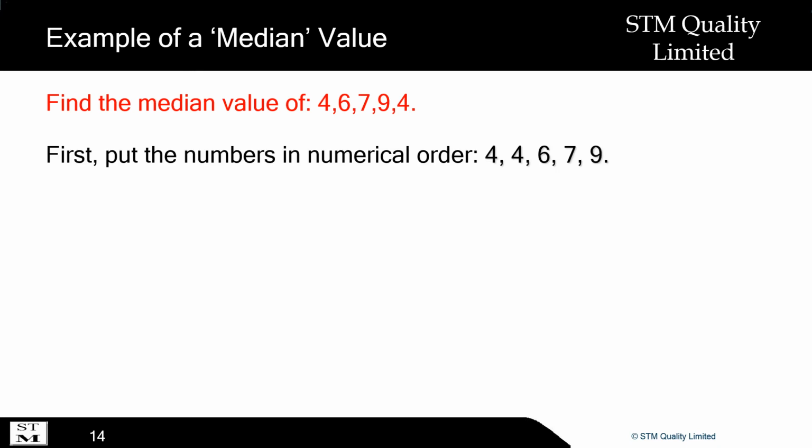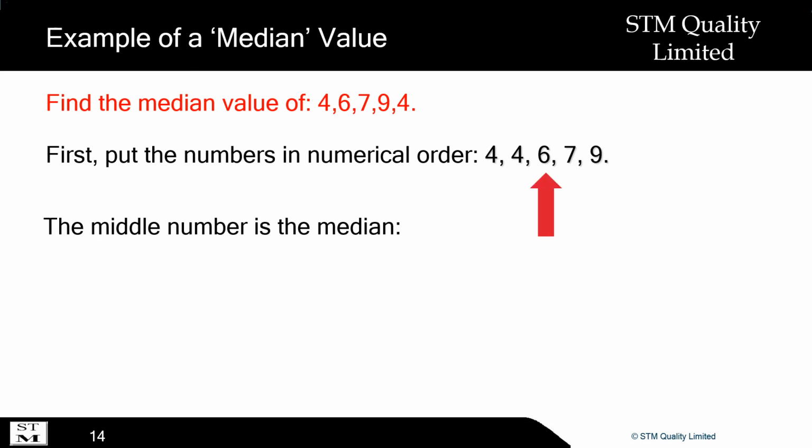First, put the numbers in numerical order. Now we have 4, 4, 6, 7 and 9. The middle number is the median, and there we can see the median is 6. So the median number is 6.